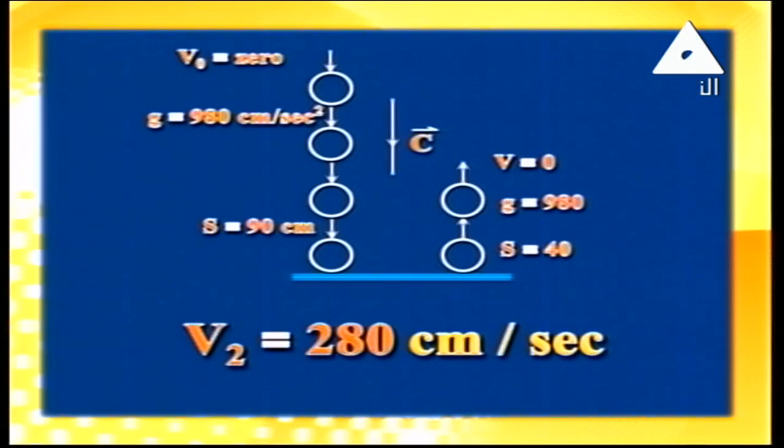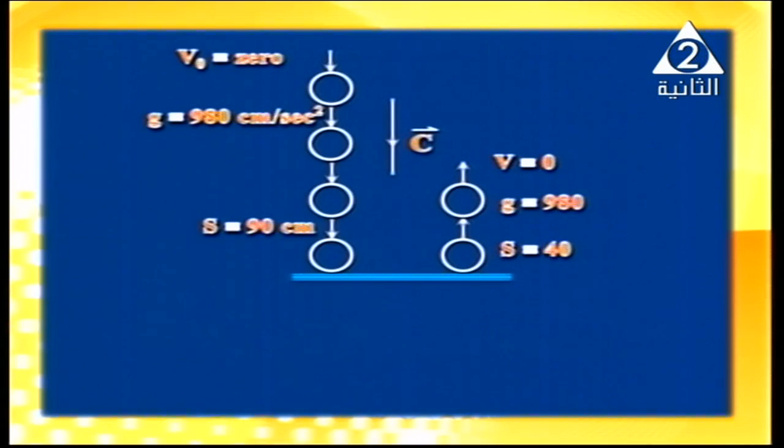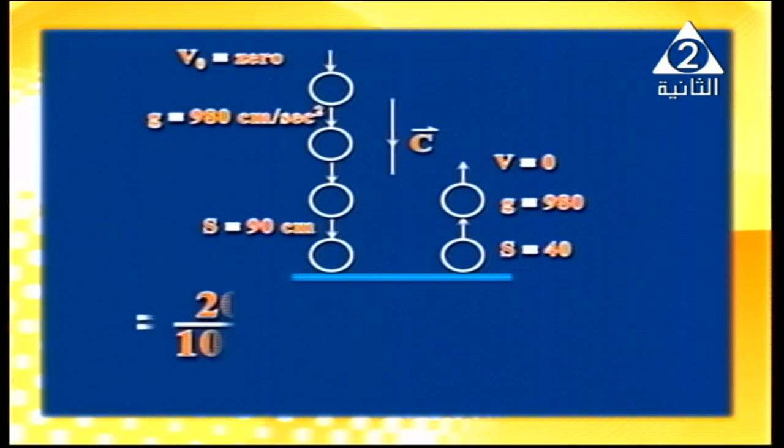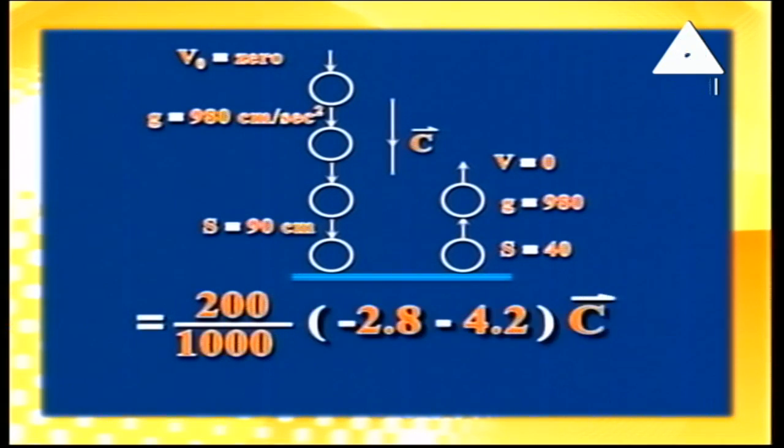We have two velocities. The change of momentum equals m times v2 minus v1. Therefore, delta p equals, by using this rule, 200 over 1000. Why? Because the mass of the rubber ball is in gram, but the unit of momentum is kilogram meter per second.